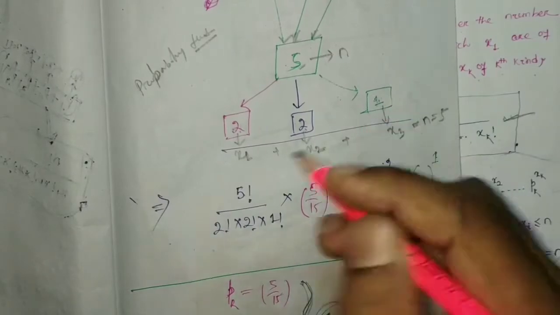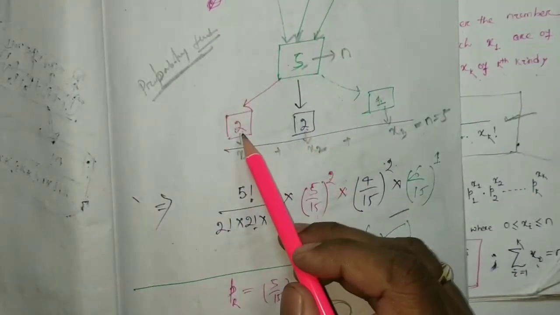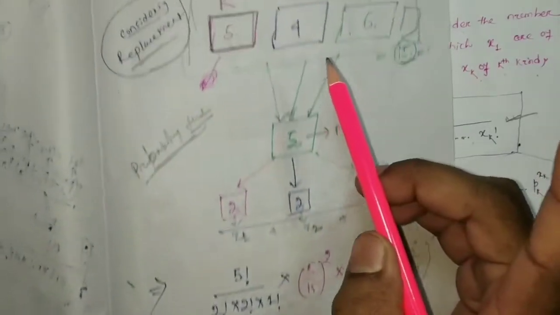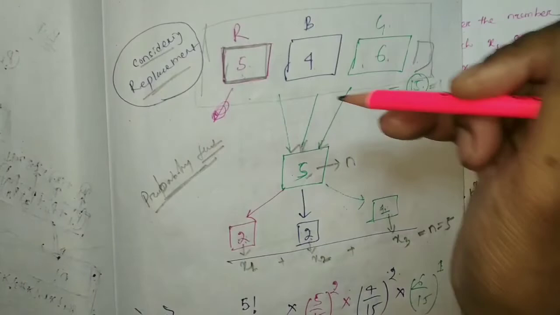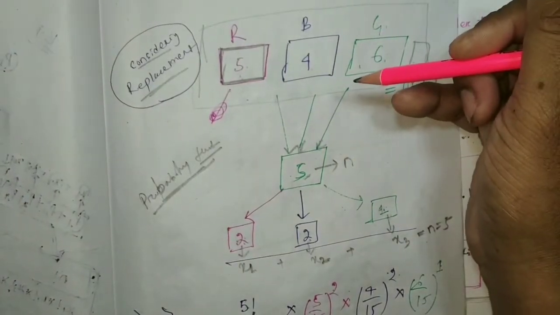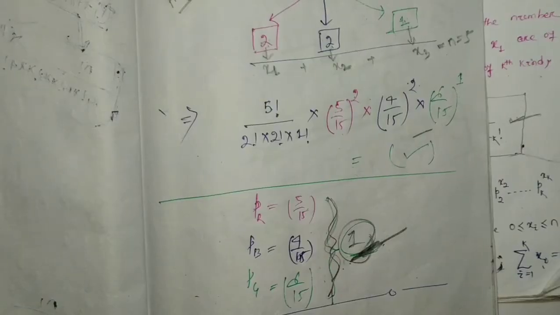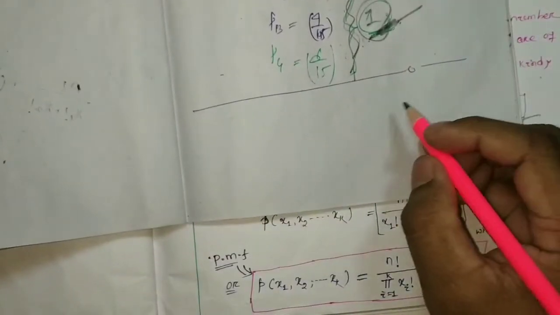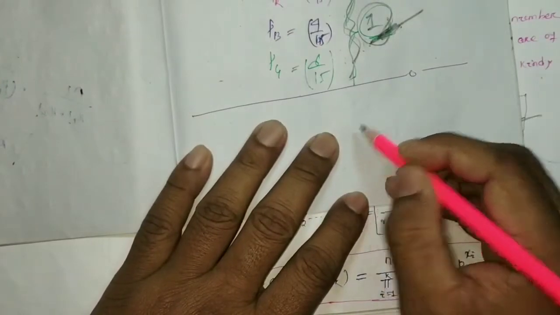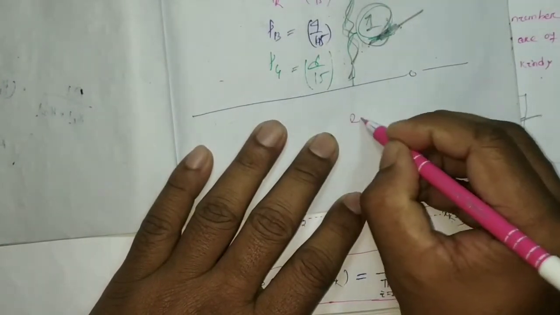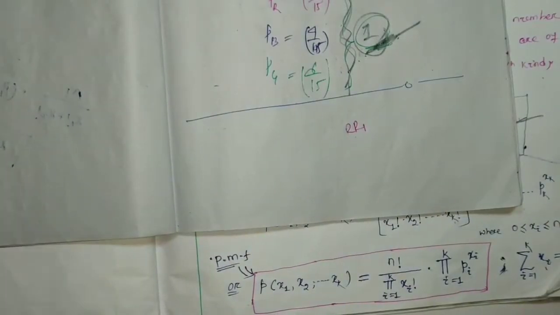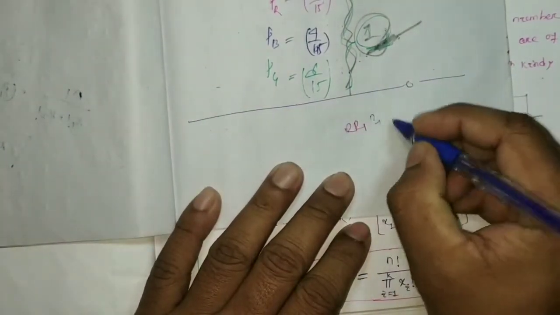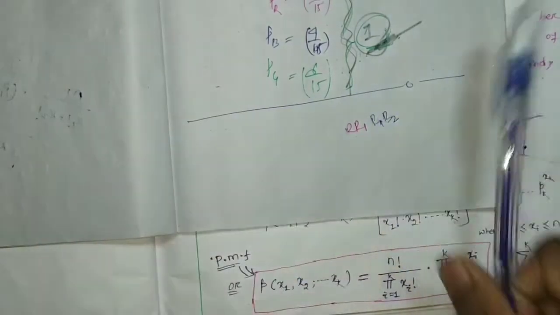So what is the probability that we are going to get 2, 2, 1? And we have to remember that here we consider with replacement. Traditionally, you can check by yourself that you need red 1, red 2, 2 blue balls, B1, B2, and 1 green.